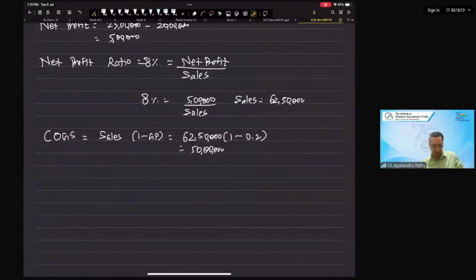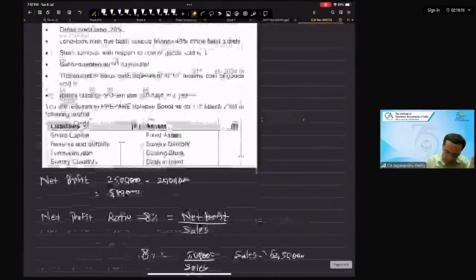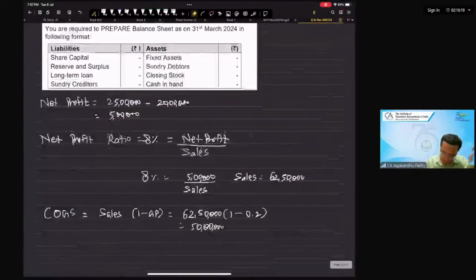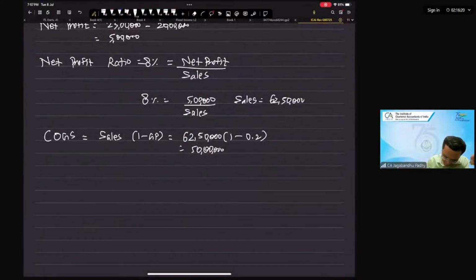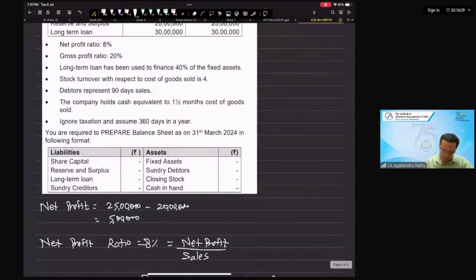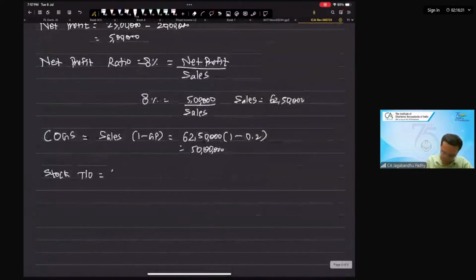So whatever inventory we get over here, we presume to be the closing. Stock turnover is going to be 4.